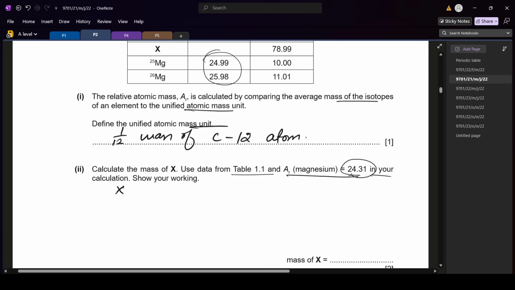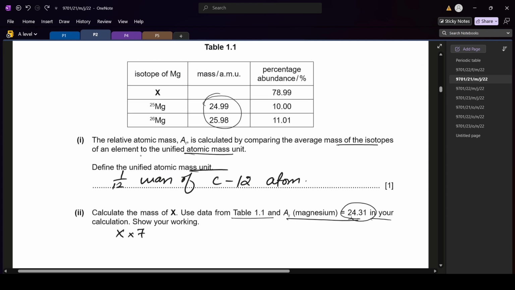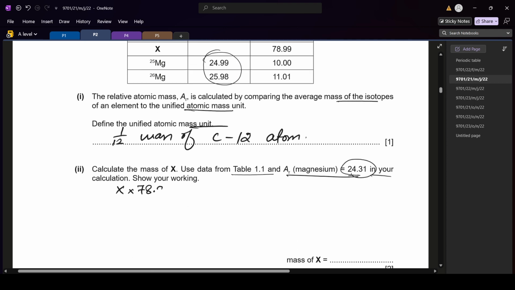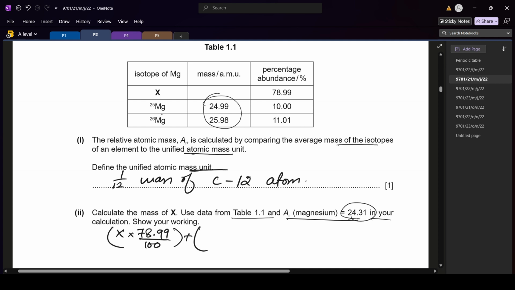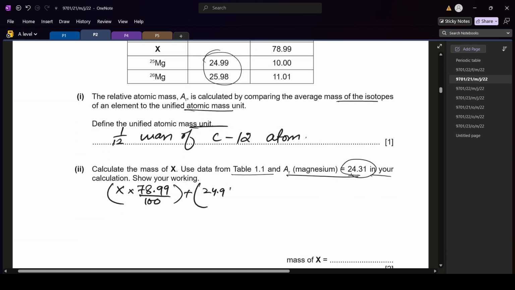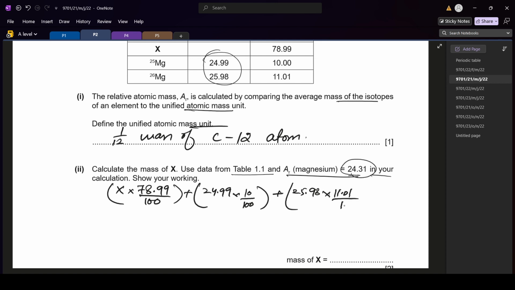So X has 78.99 percentage abundance, plus magnesium 25 has a mass of 24.99 multiplied by 10 percent, plus magnesium 26 has a mass of 25.98 multiplied by 11.01, all over 100, equals Ar, which is 24.31.